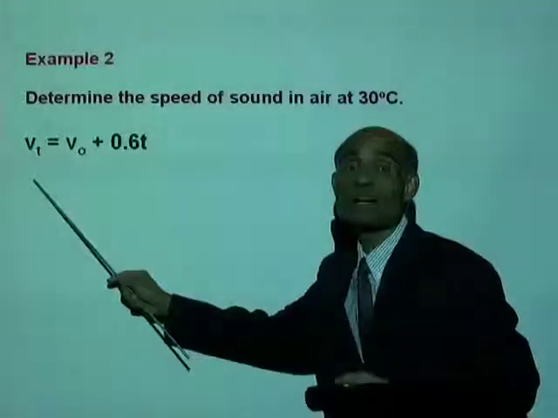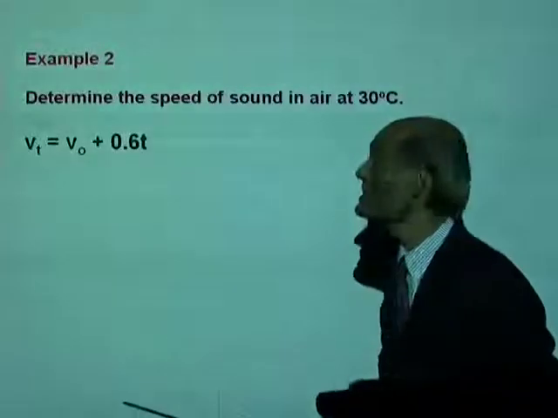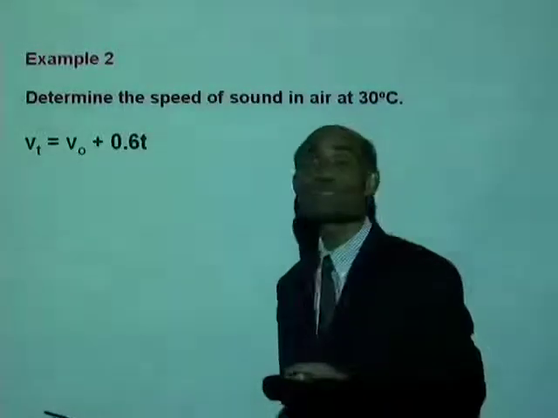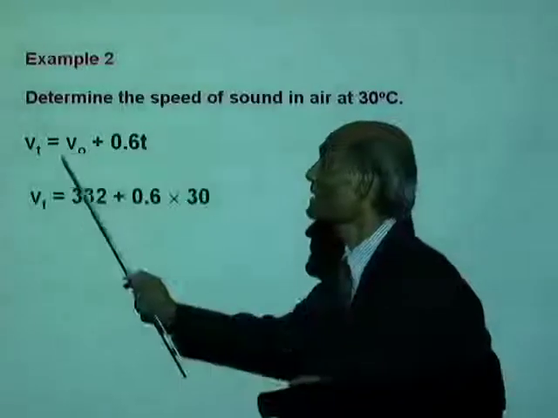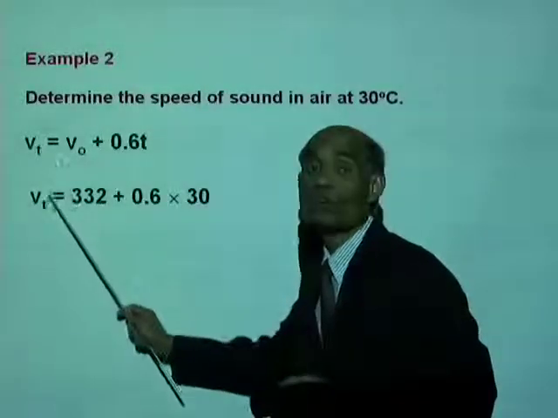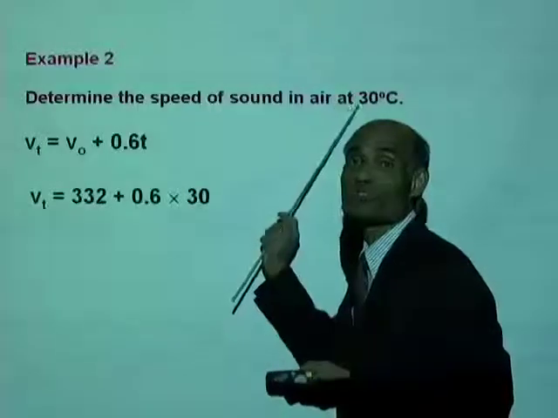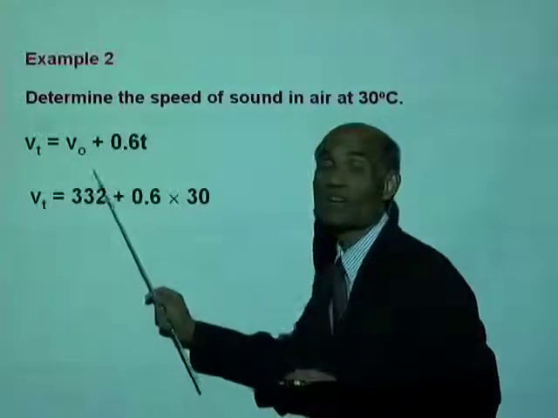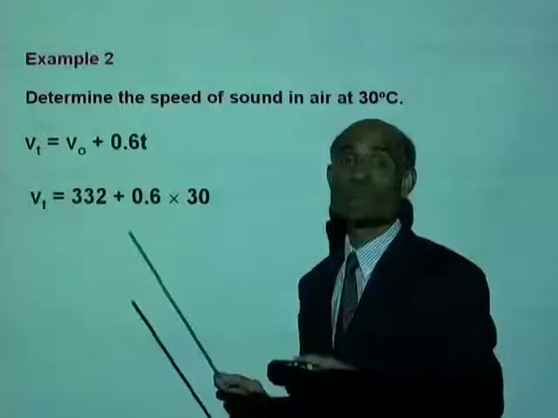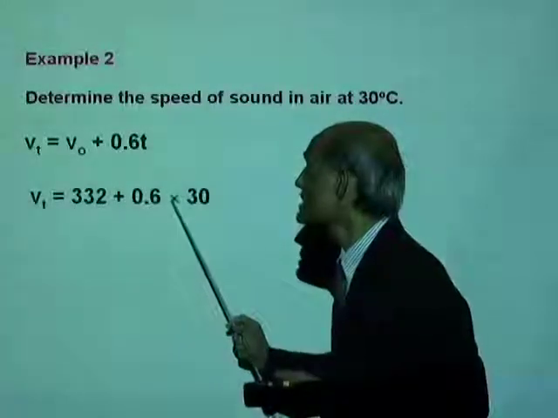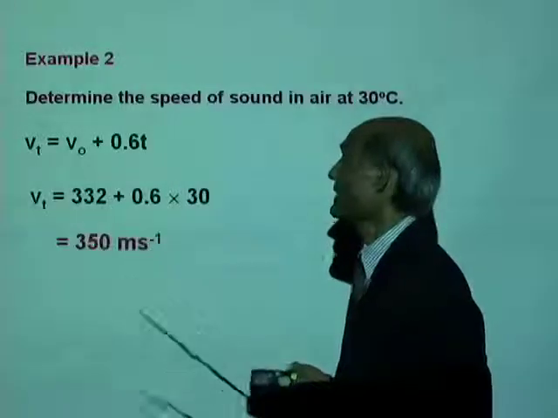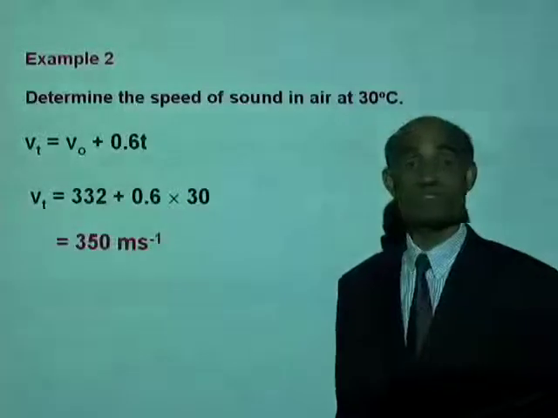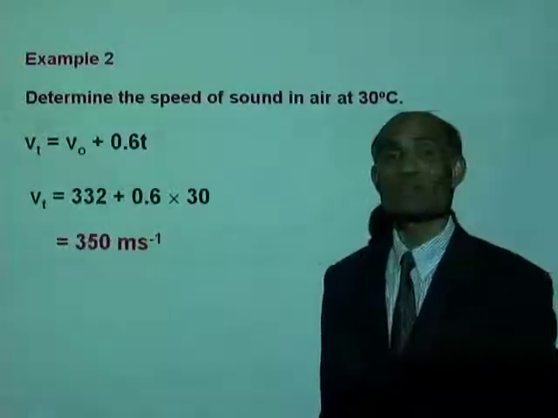We have V sub T equal to V0 plus 0.6 T. And we are looking for the speed of sound at 30 degrees Celsius, and V0 we calculated as 332 meters per second plus 0.6 times 30, and that will be 350 meters per second.